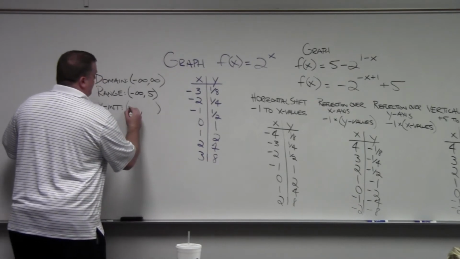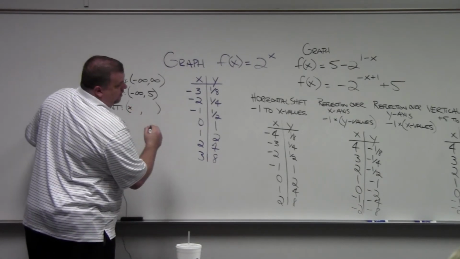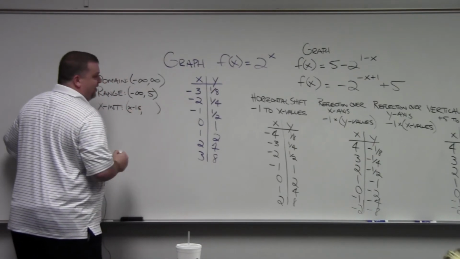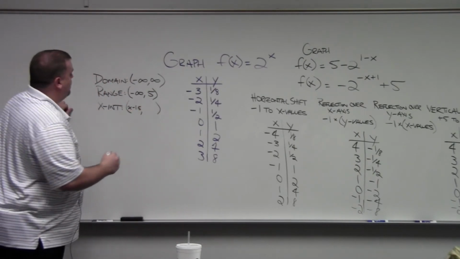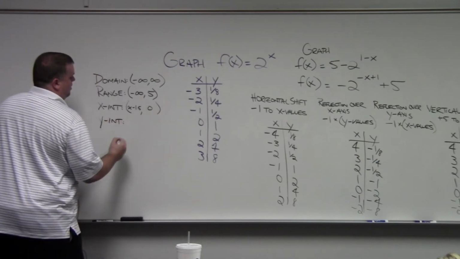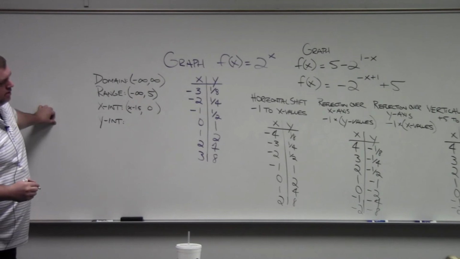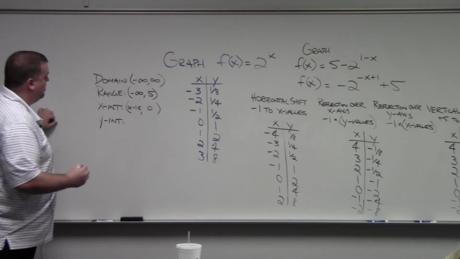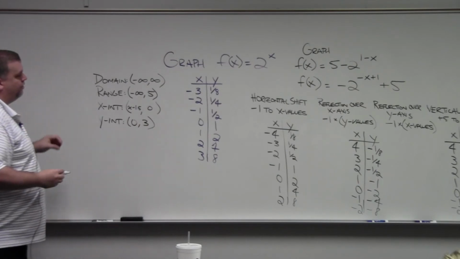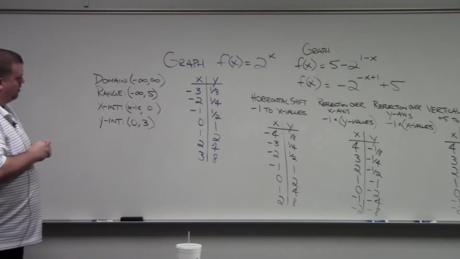It's going to be roughly, was it -1.5-ish? And then our y-intercept, did we have an x value of 0 in our table? Yeah. So our y-intercept would have been (0, 3). Okay.